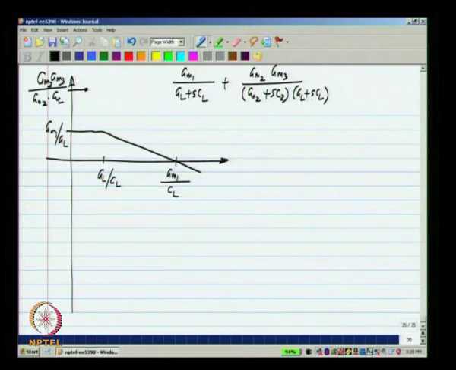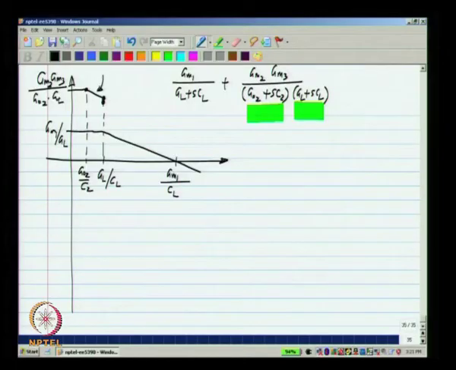And there will be 2 poles. One of the poles will be the same value. The other pole, for drawing this plot, I will assume it to be at a lower frequency. This is at Go2 by C2. That is the pole corresponding to that term.